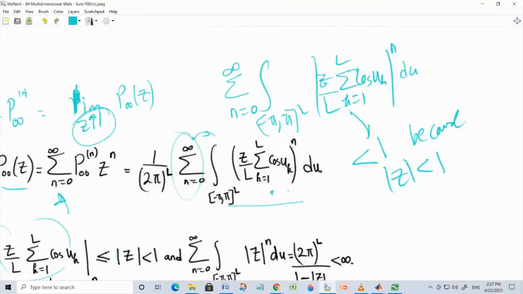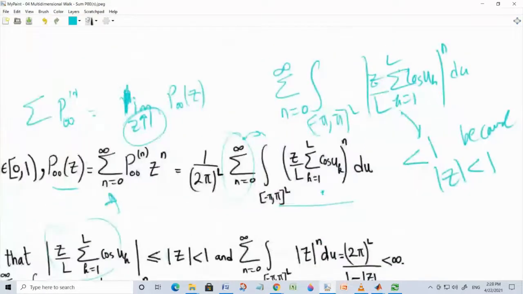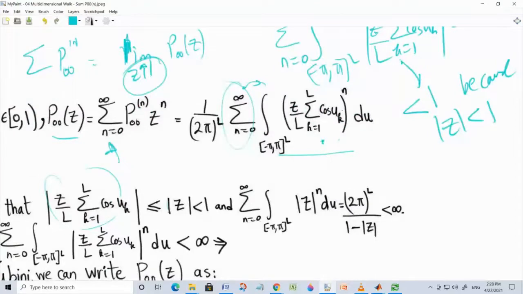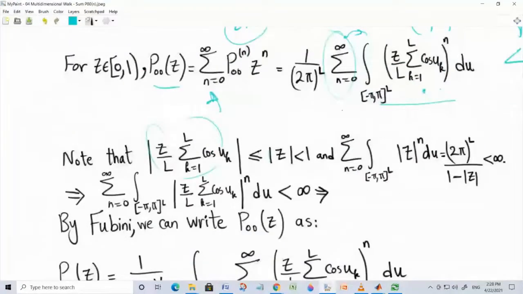Now, once you have this bound, okay, so we study the magnitude. You can study the magnitude or an upper bound on the magnitude. Again, the magnitude itself may be difficult, but if you have an upper bound on the magnitude, and you apply the operations to it and you get a finite result, then you can interchange the order.